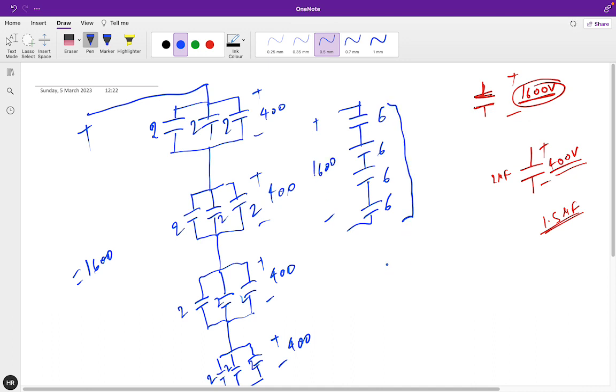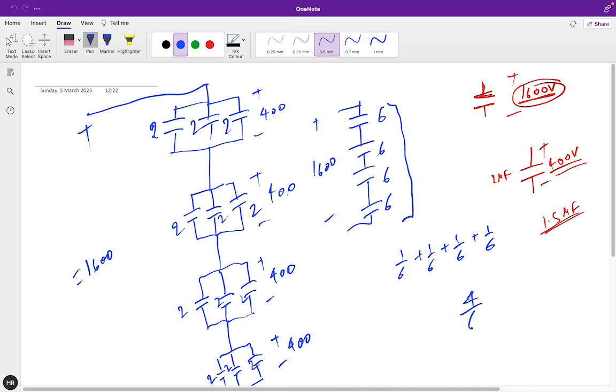In series, what is the net equivalent capacitance? 1 by 6 plus 1 by 6 plus 1 by 6 plus 1 by 6. So what will you get? 4 upon 6, right?